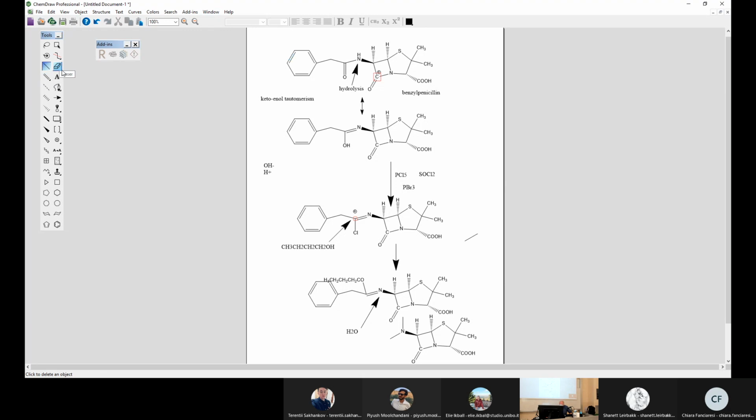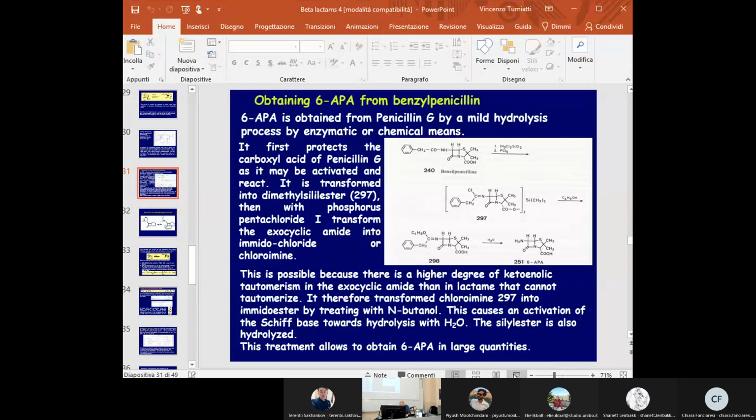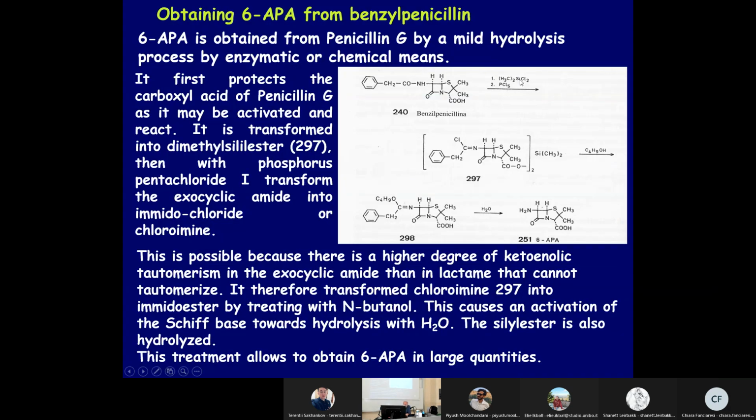If you see the synthesis on the slides, you see at the beginning the treatment with phosphorus pentachloride, but the first step is represented by the protection of the acidic function.